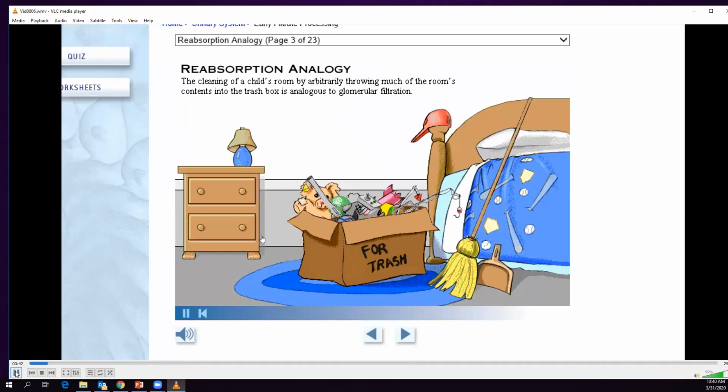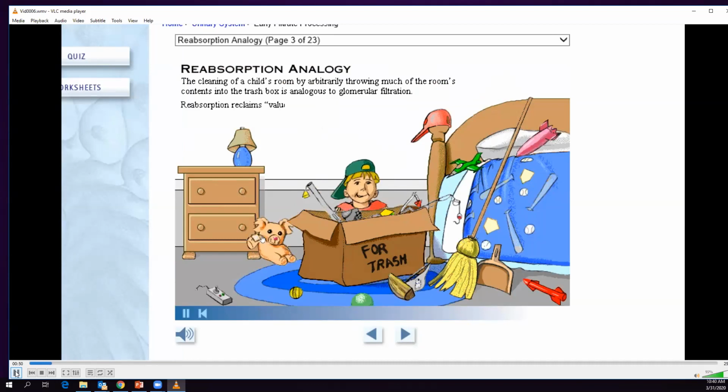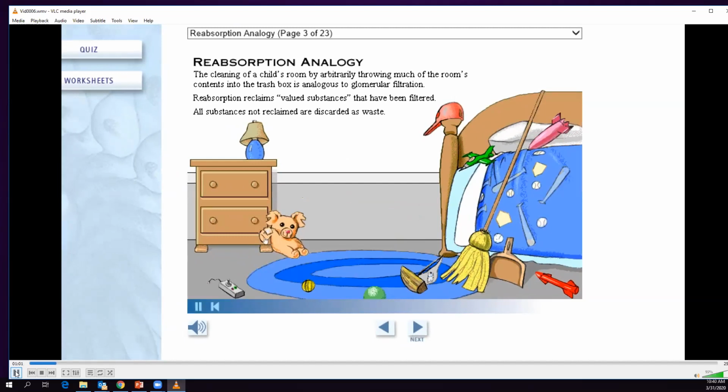That's analogous to glomerular filtration. But as soon as the parent is gone, the child quickly reclaims his favorite things from the box. This rescue of valued substances is like the process of tubular reabsorption of solutes back into the blood. All objects remaining in the trash box will be discarded as waste.